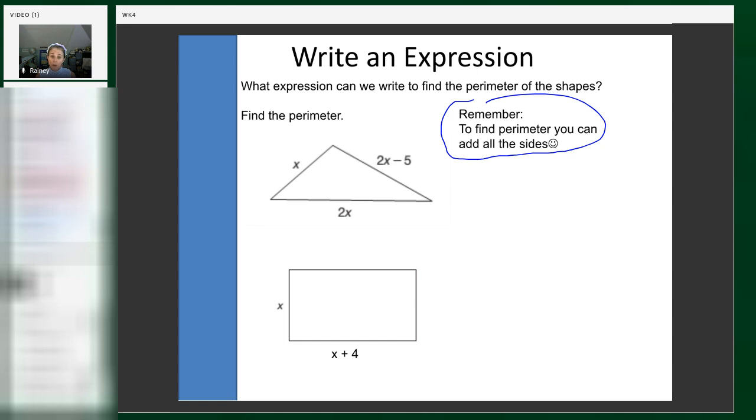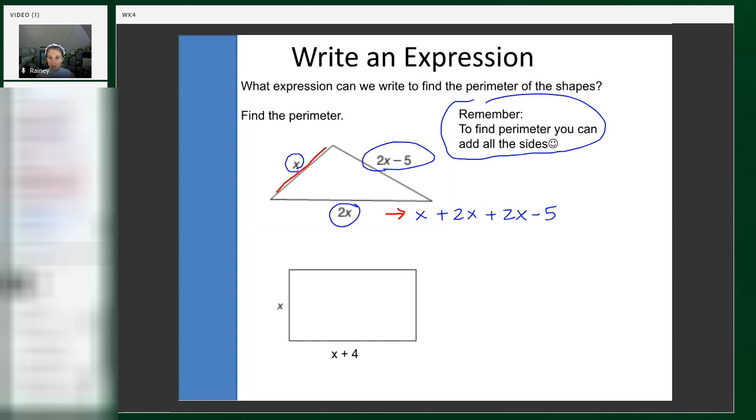So here's how you're going to write it, guys. Watch. We're going to go x plus 2x plus 2x minus 5. Just write that somewhere around your triangle. Where did I get these numbers from? They're each side length.